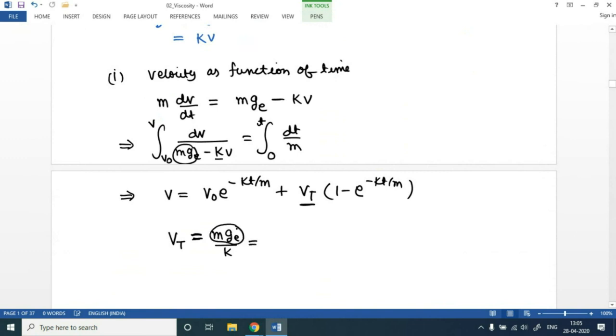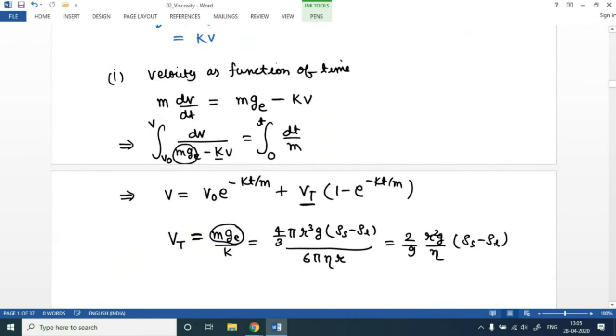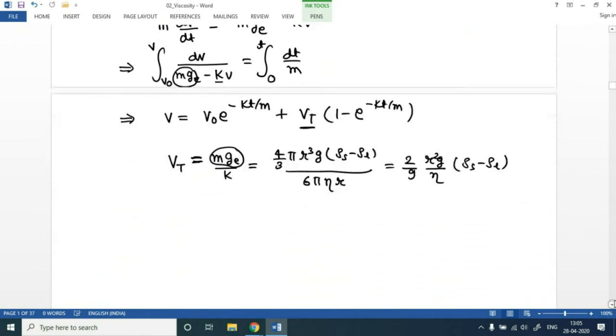Mg effective we substituted for 4 by 3 pi r cube into g into rho s minus rho l, and the value of k we substituted for, that was 6 pi eta times r. Okay, so rearranging that expression, we are getting 2 by 9 r square g by eta into rho s minus rho l. So now let me rewrite that expression.